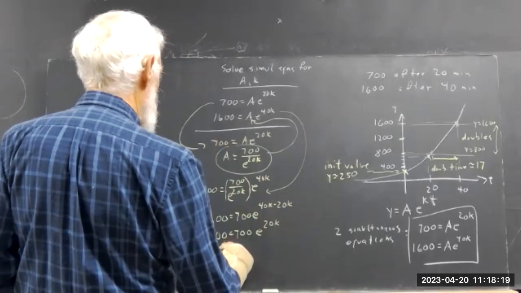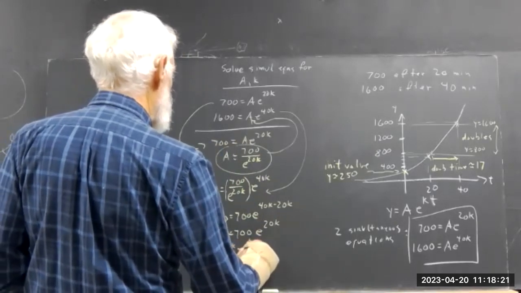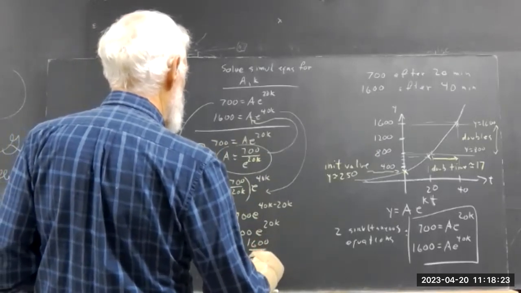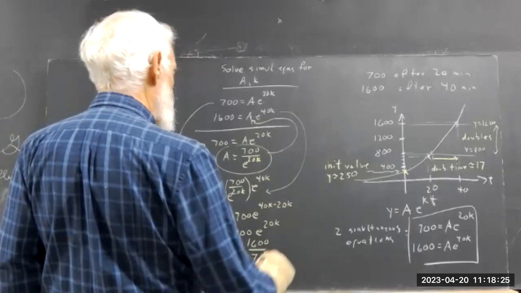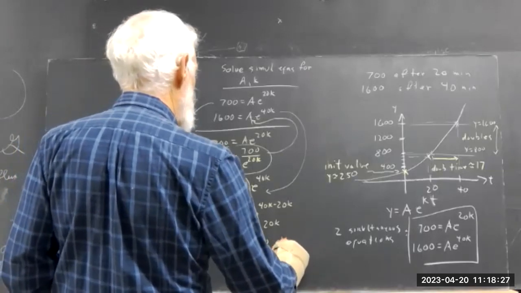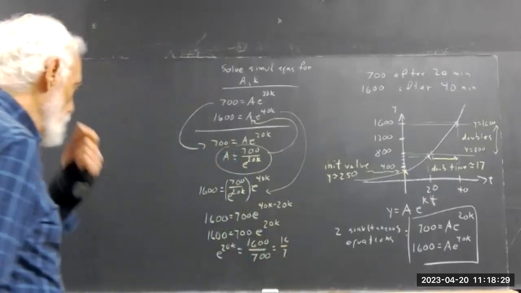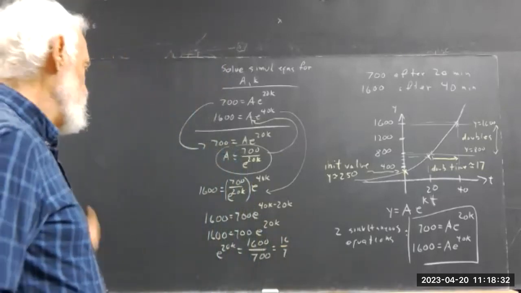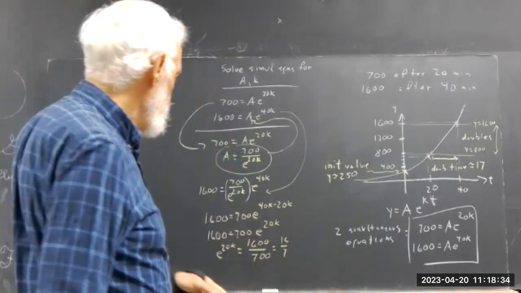So that e to the 20k equals 1600 over 700. Well, that's 16 over 7. It's about 1.7, 1.8. Okay.